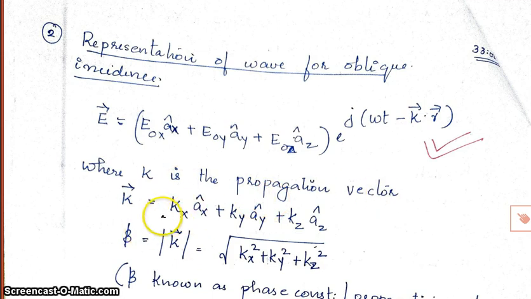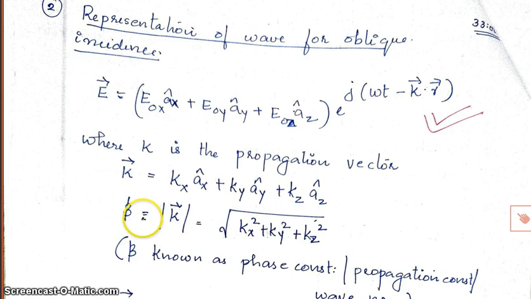and it is represented by k equals kx ax plus ky ay plus kz az, where kx, ky, kz represent the propagation vector along x-axis, y-axis and z-axis respectively, and beta gives you the modulus of your propagation vector, which is equal to square root of kx square plus ky square plus kz square.